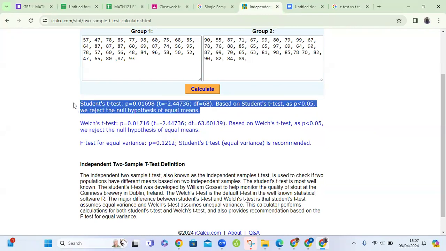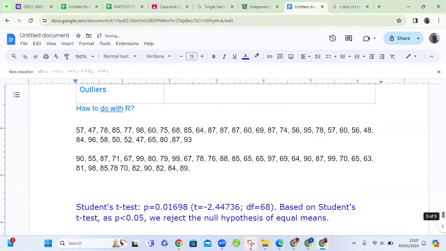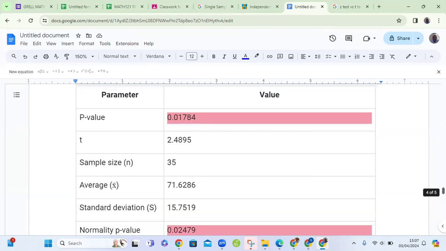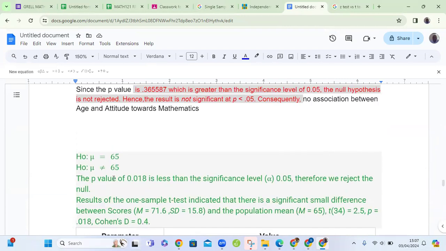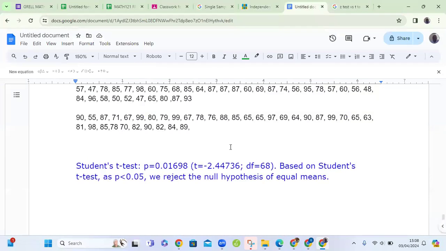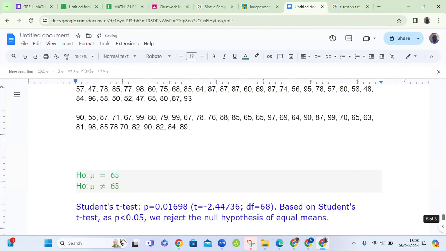So let us set up a pair of hypotheses for such a test. We can go higher up to get the notation. We are comparing two means, the mean of group A and the mean of group B. So the question is, is there a difference between the means?